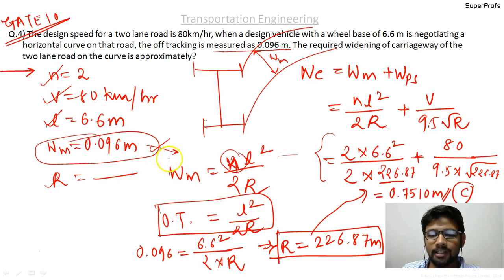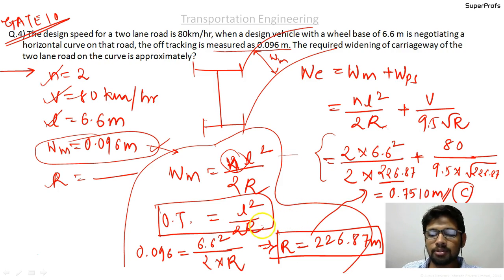So you have to be very attentive. Instead of letting you solve a question in a single go, they put in some trick and make at least 2 steps, so that the question becomes worth a GATE examination. I hope you have all understood how to go about this, and here we end this chapter, that is, the extra widening on horizontal curves.